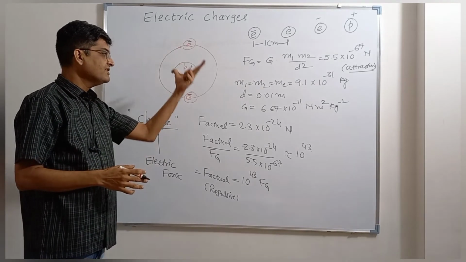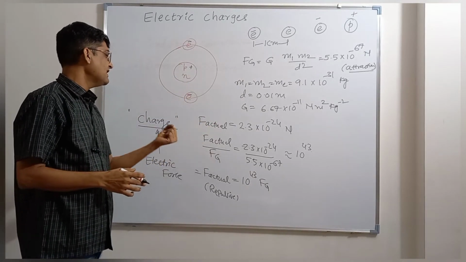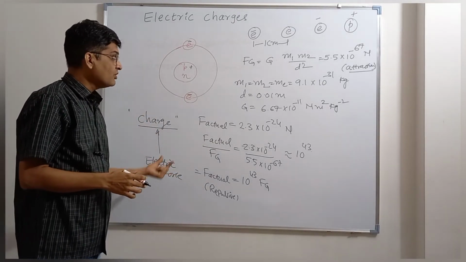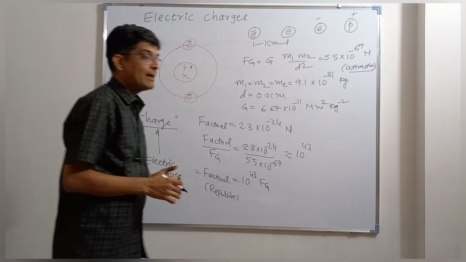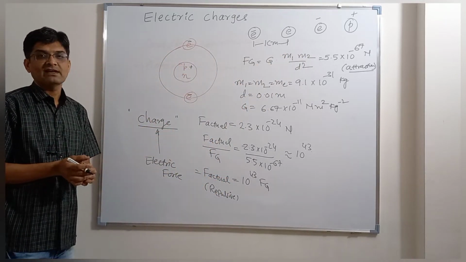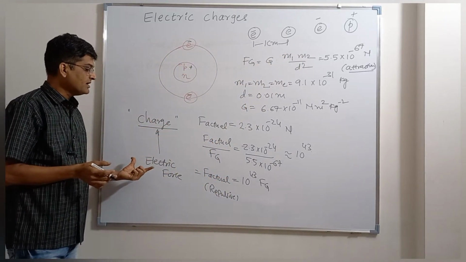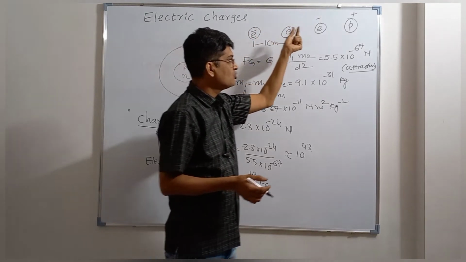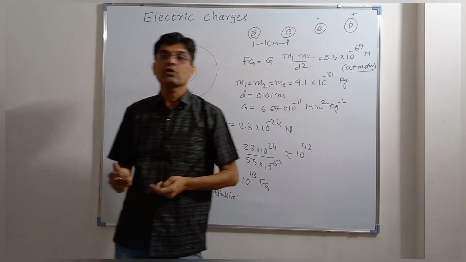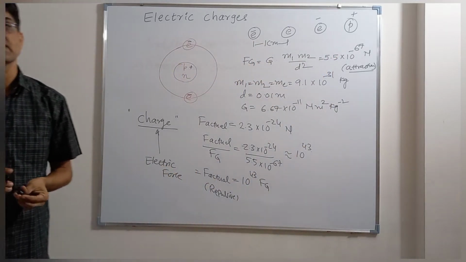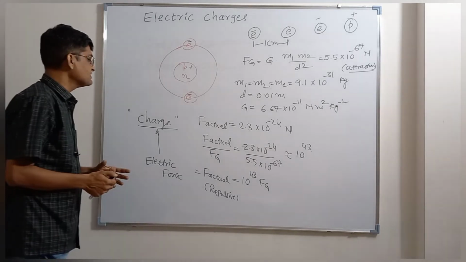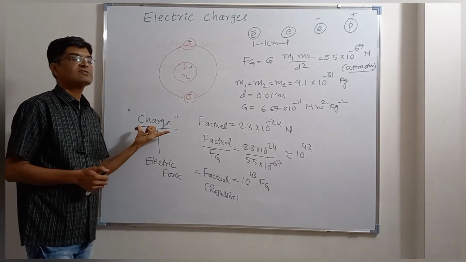So this is how we have proved that there is a strong electric force present, which is not because of weight. I'm talking about the atomic level. There is a strong force between two electrons, or between two protons, or between electrons and protons. This strong force is called electric force, and the property because of which this strong force is there is called charge.